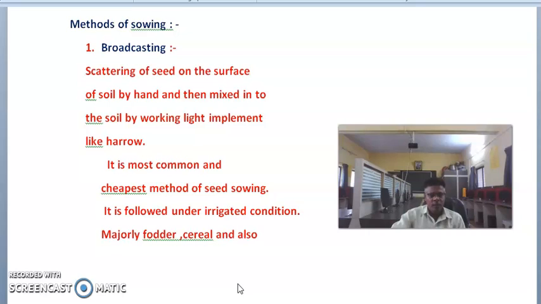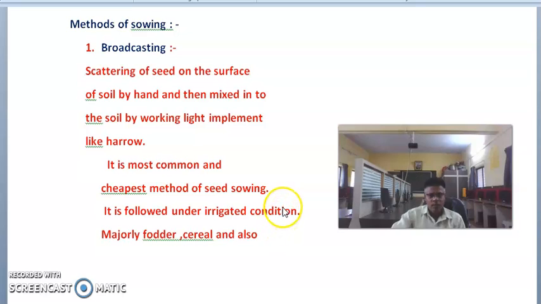Number one, we study broadcasting. It is the scattering of seeds on the surface of the soil by hand, which are then mixed into the soil by working a light implement like a harrow.